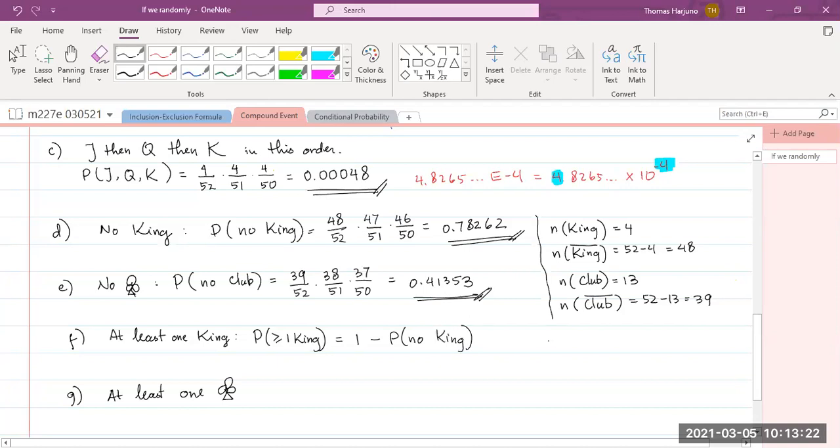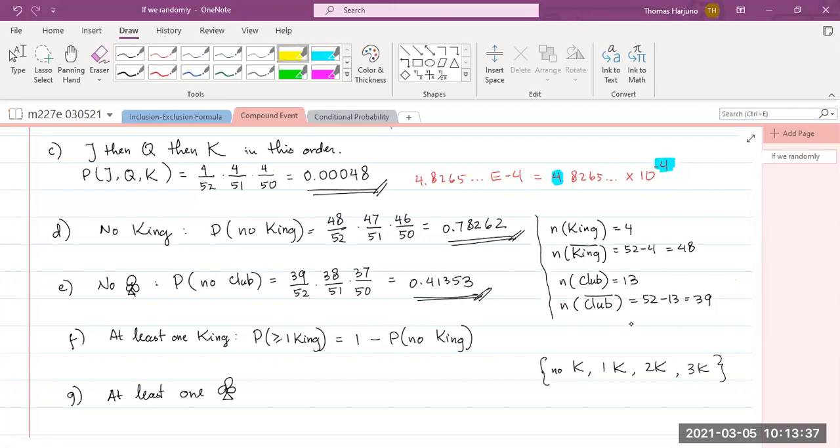See, when you take 3 cards, then the possible outcomes are either no king, 1 king, 2 kings, or 3 kings, right? Those are the possibilities. Now, what they want here is at least 1 king.